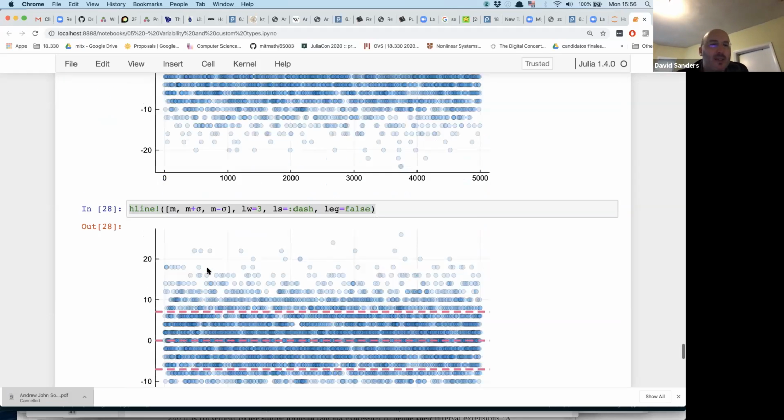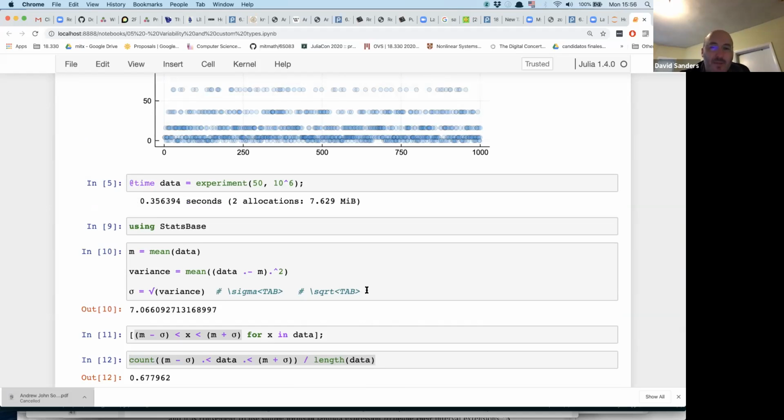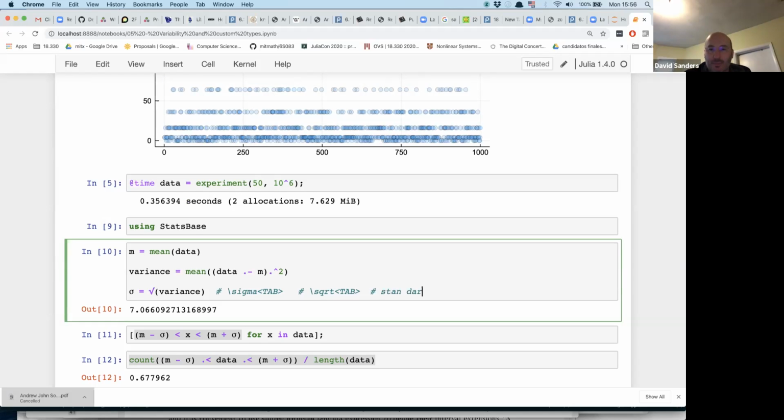Oh yeah, I didn't say that sigma is called the standard deviation. So we're calculating deviations from the mean, and the standard way to do it is you square and do all this thing with the squaring, but we could do this absolute version of the deviation instead.